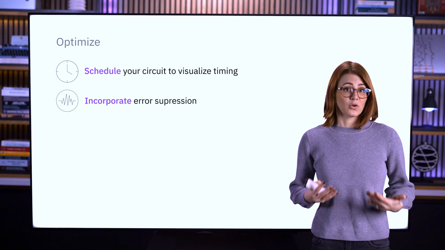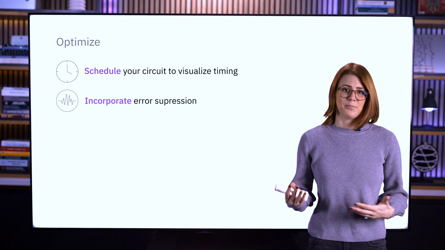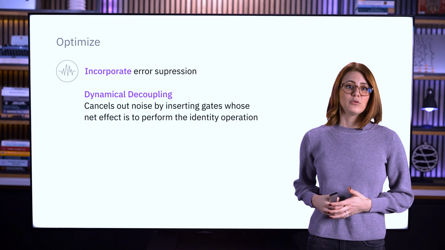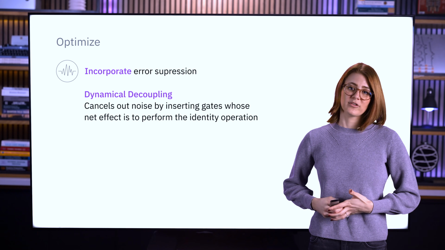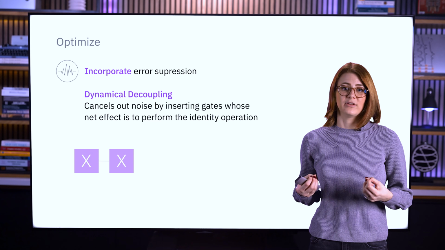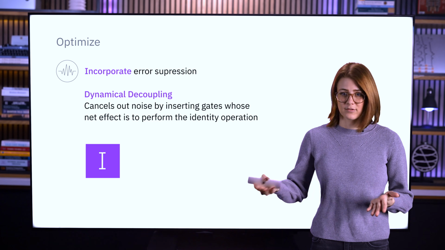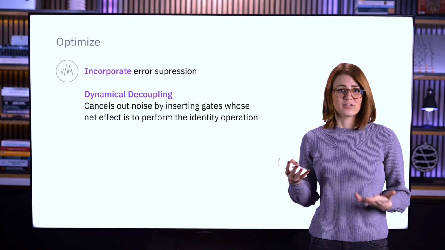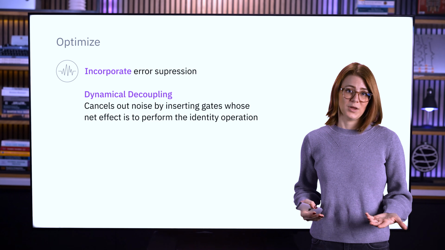There are going to be some technical details here, but you can always refer back to this later. So the first, dynamical decoupling, is used to effectively cancel out some of the noise affecting the qubit by applying a series of gates that together amount to the identity operation, like XX sequences, and whose net effect is to approximately cancel out the noise channels affecting the qubit.